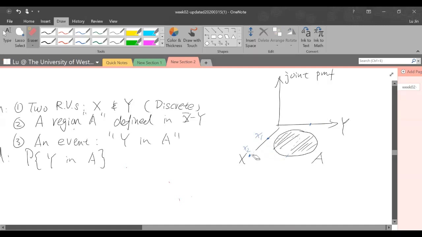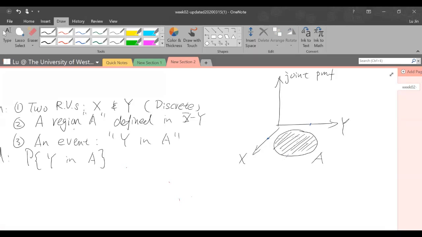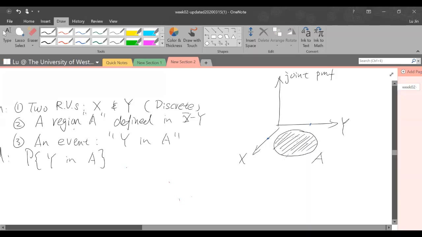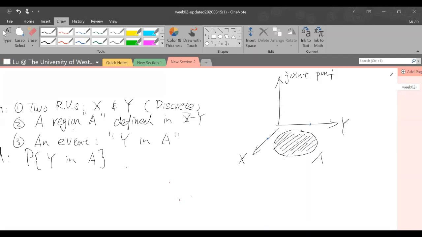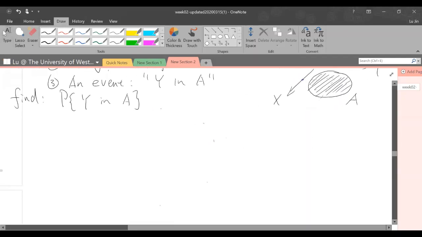Okay, now how do we evaluate this event? Because there are two random variables involved, I'd like to finish this evaluation in two steps. In each of these two steps, I focus on one particular random variable. Let's see how to solve that.